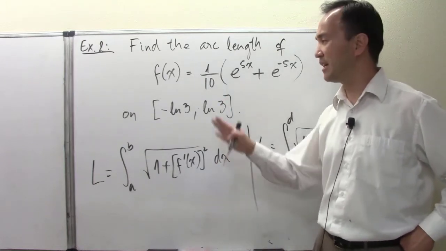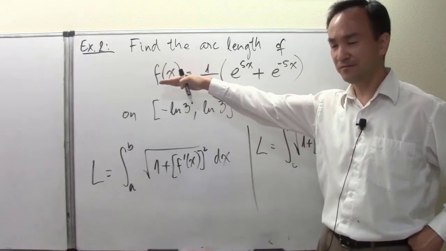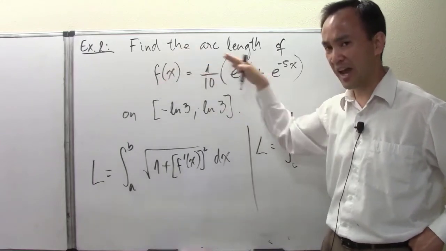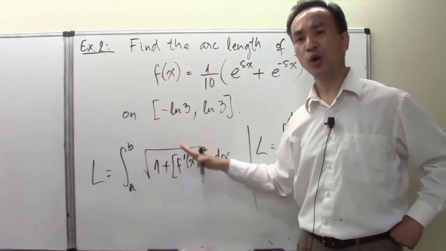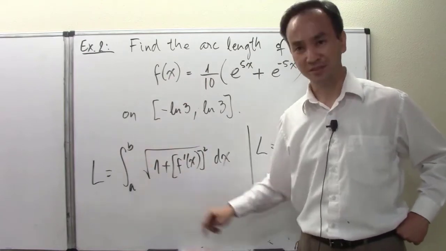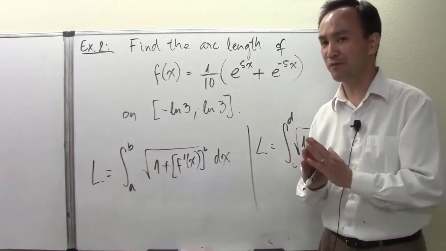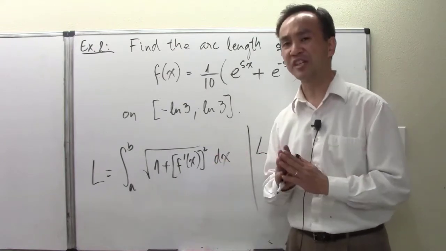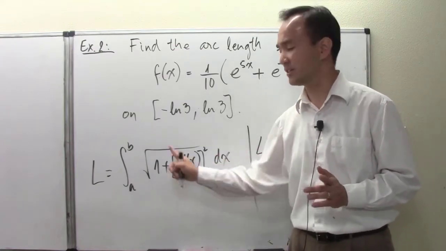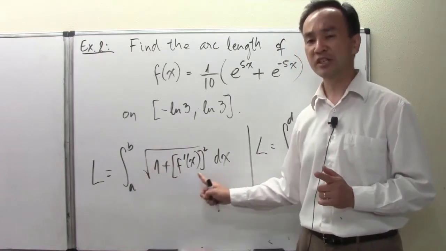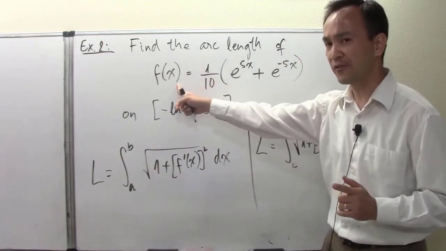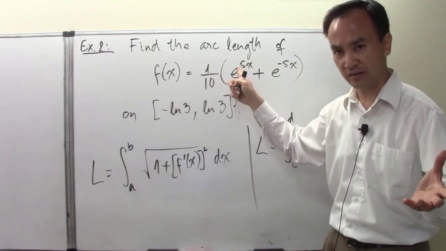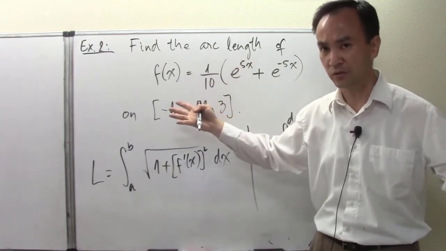Since the function itself is already in terms of x, this choice would be a little bit more direct. I'm not judging how much faster or easier it's going to be, but it is a little more direct because we already have the function f of x expressed and given right here.